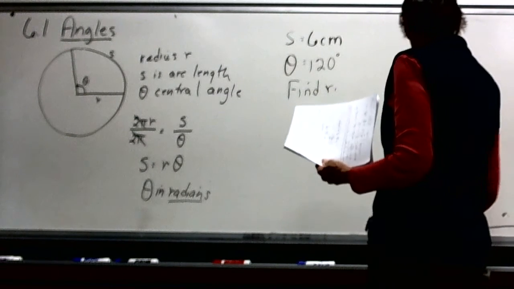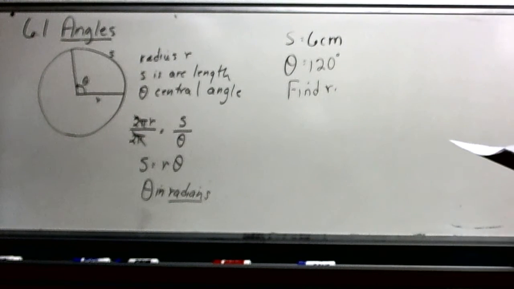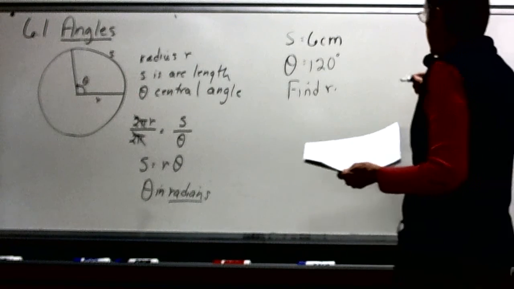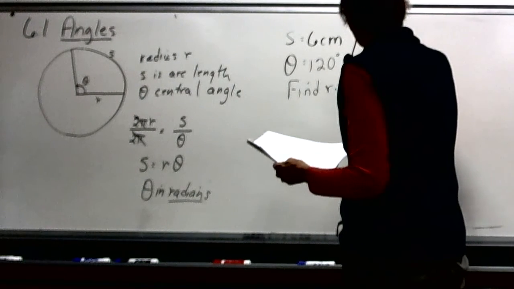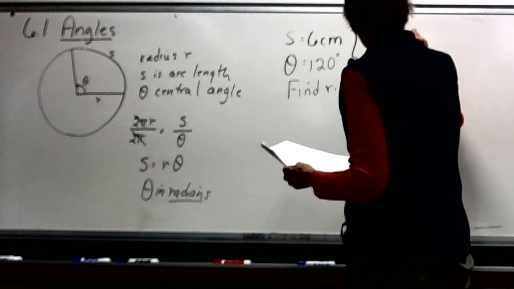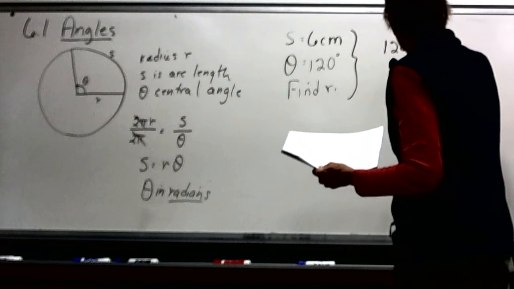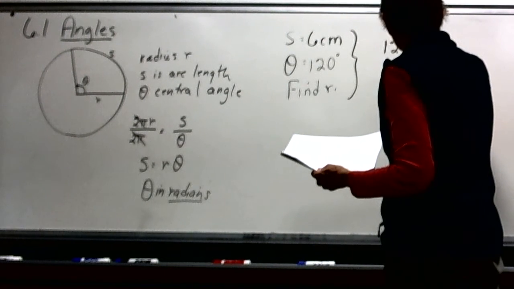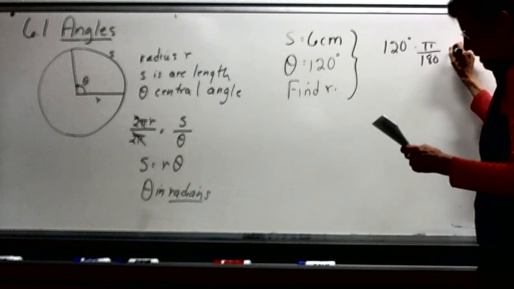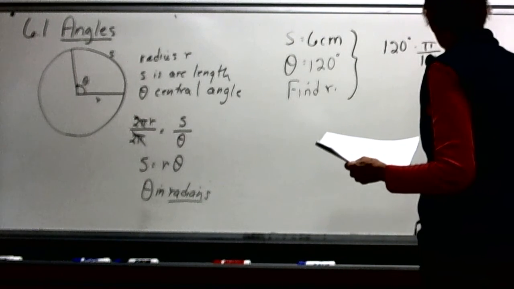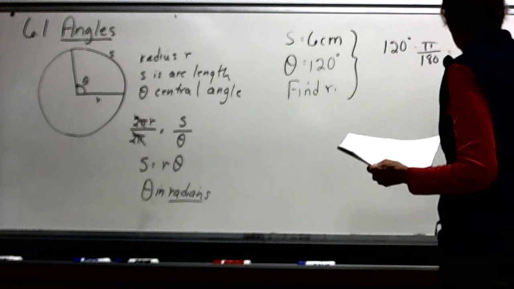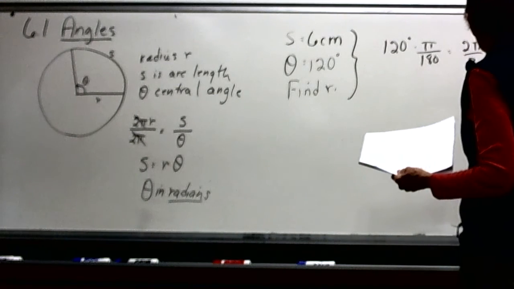Well, the first thing I'm going to do is change that 120 degrees to radians. So 120 degrees times pi over 180, and that gives me 2 pi over 3, and this then is the radian measure.